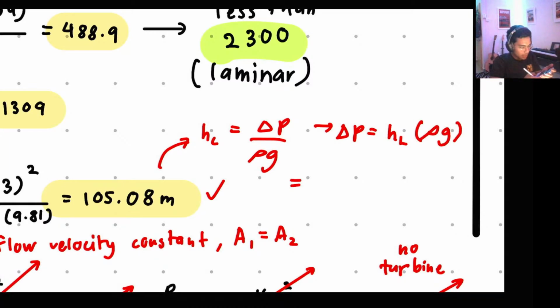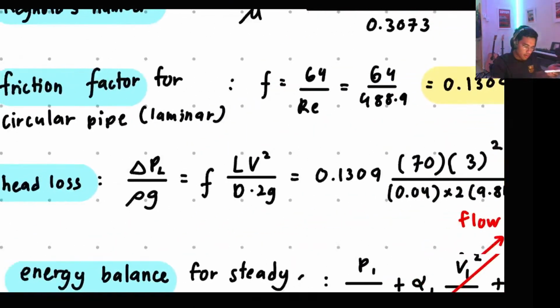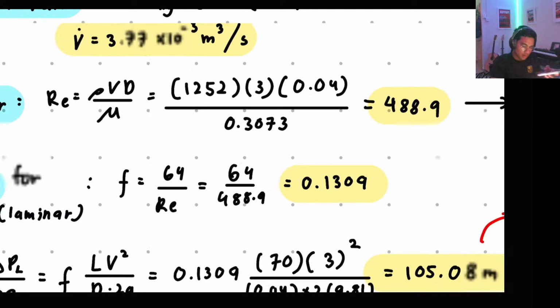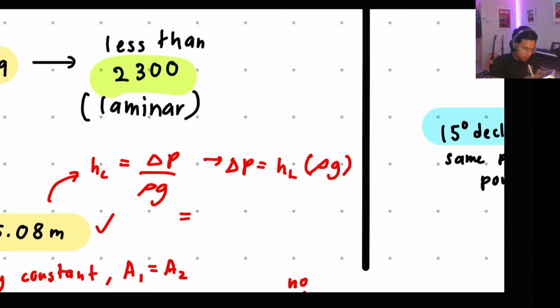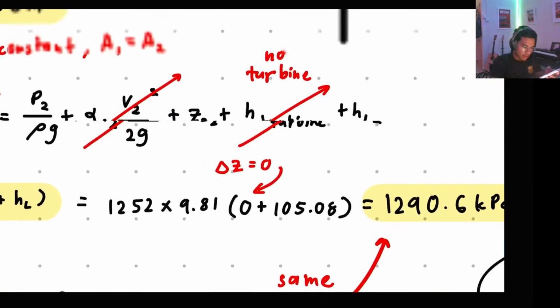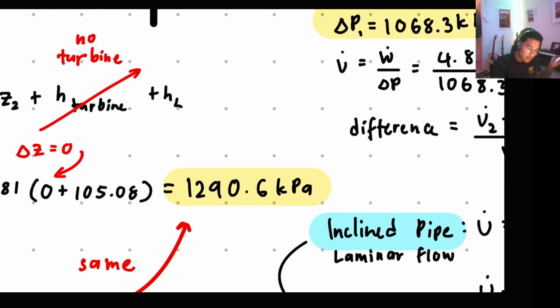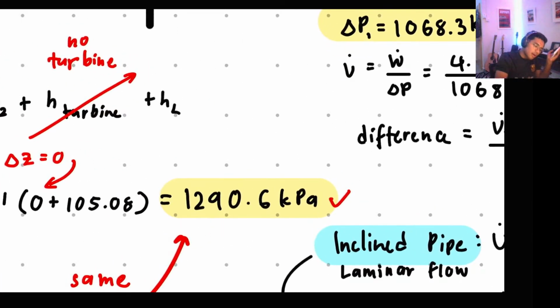Kita punya HL 105.08 tadi darablah dengan 1252 darabkan dengan 9.81, dapatlah 1290.6 kilopascal. So this is pressure drop.